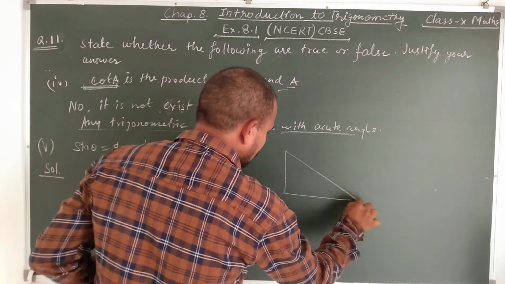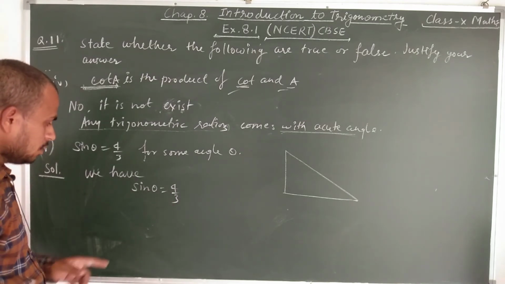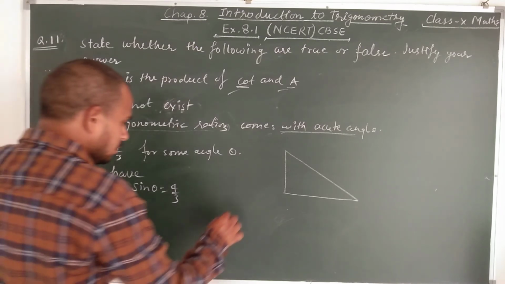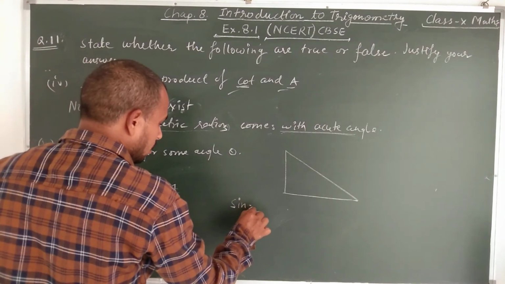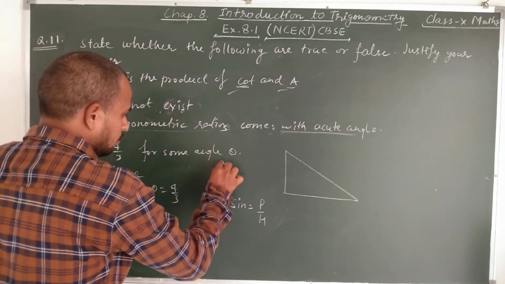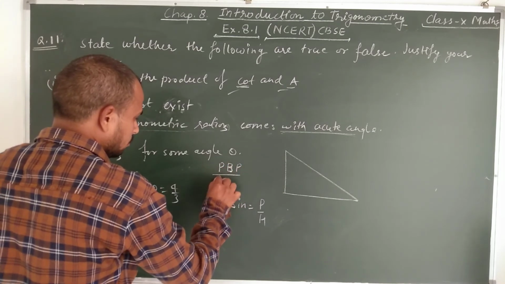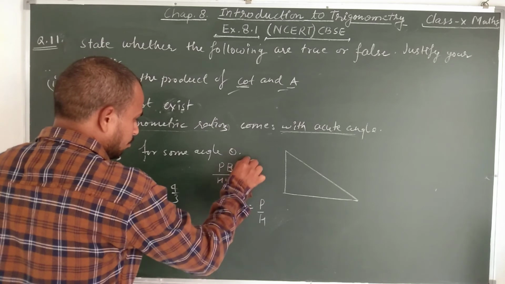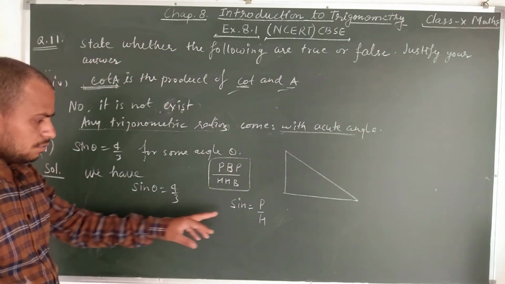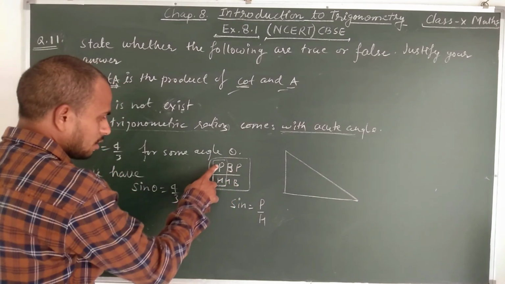So we draw a triangle on the basis of this sin theta. Sin theta is 4/3 and we all know that sin is perpendicular upon hypotenuse. By this trick we remember: sin is perpendicular upon hypotenuse, Pakistan, Hindustan.